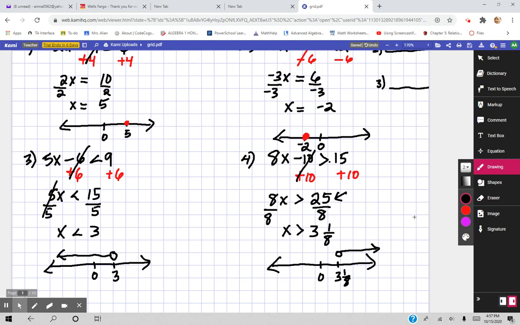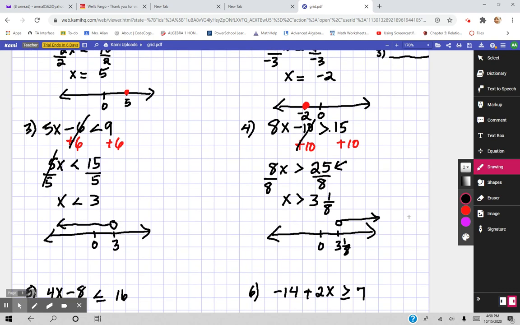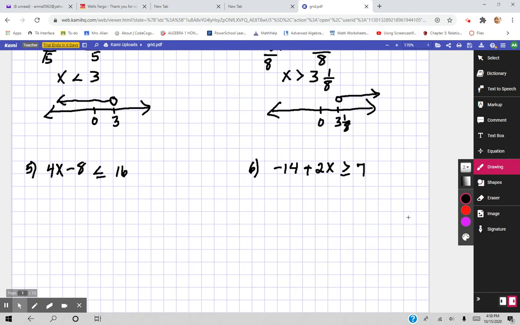And the reason we graph the solution set is because there are so many answers. We can't possibly list them all. So we use a visual to show what is included. All right, let's go to the next one.